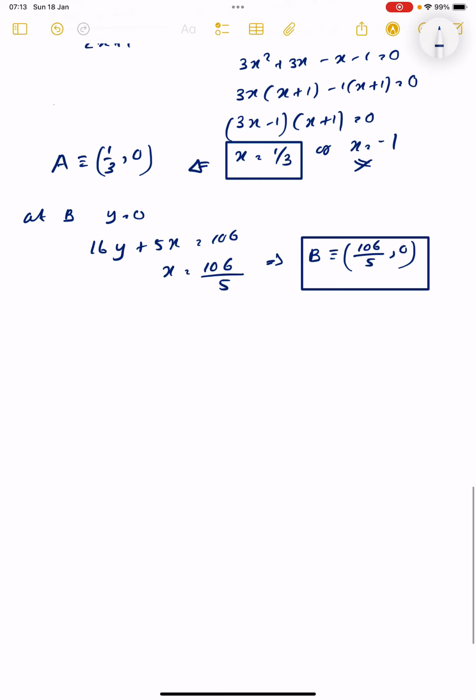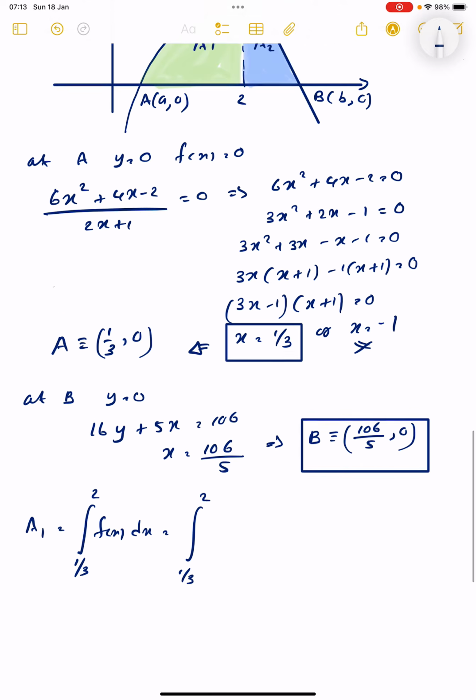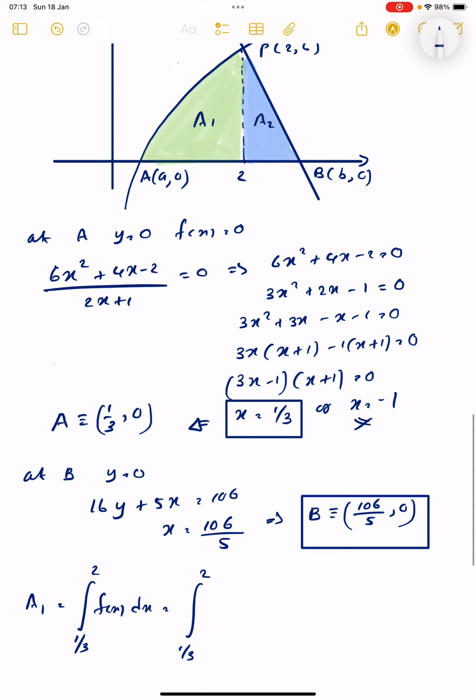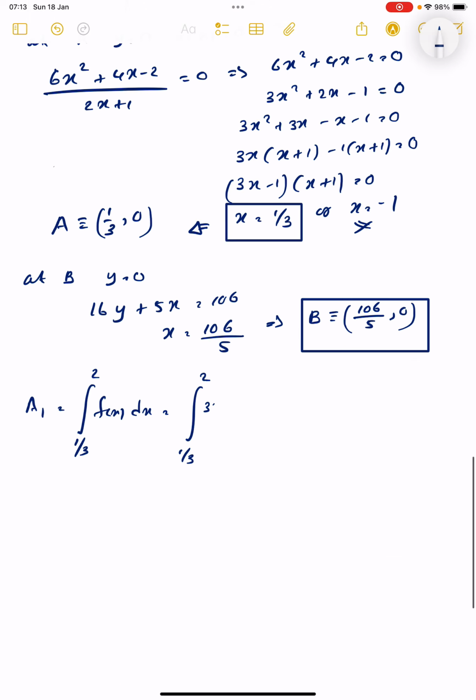So A1 would be the integral from 1/3 to 2 of f(x) dx. Considering the equation of f(x), we can substitute 3x + half minus 5 over 2 times 1 over (2x + 1) dx.